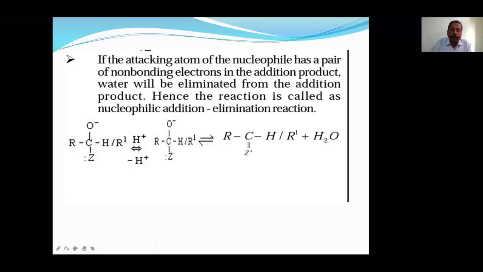Okay, next one. If the attacking atom of the nucleophile, suppose nucleophile can be OH minus, nucleophile can be NH2 minus, it can be anything, has a non-bonding electron. Don't worry about the non-bonding electron, it is lone pair only. Non-bonding electron means lone pair.